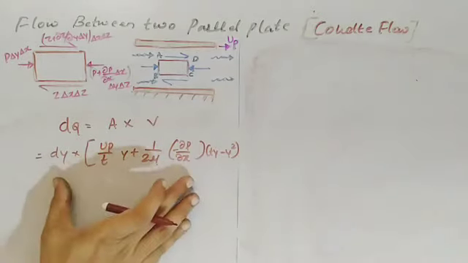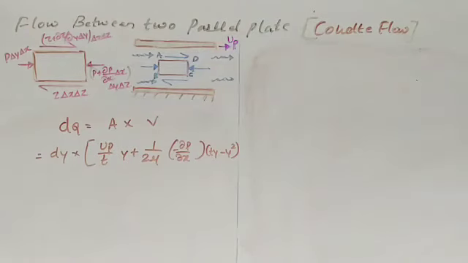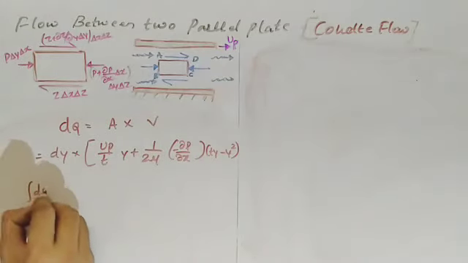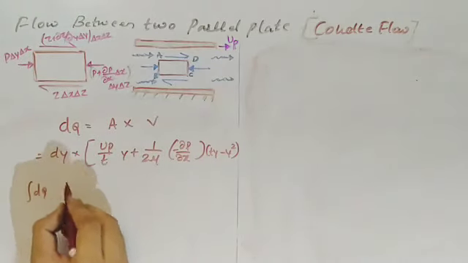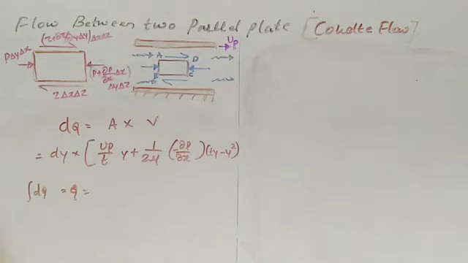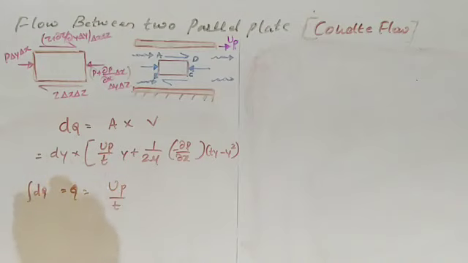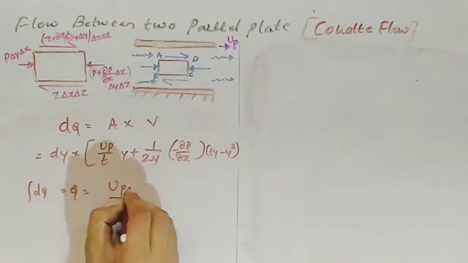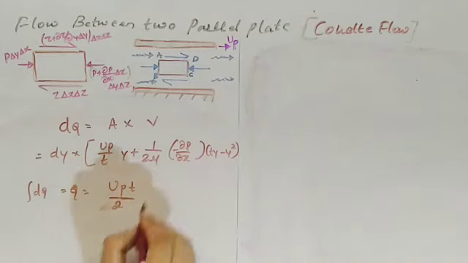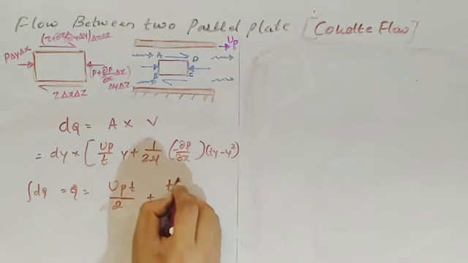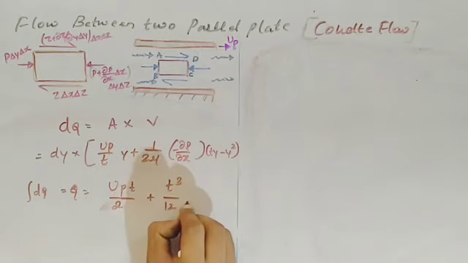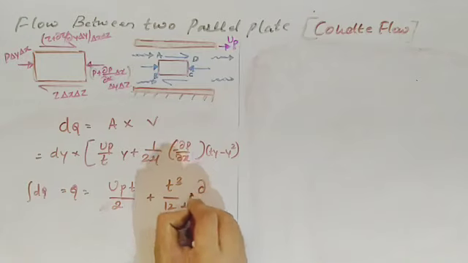If I integrate this equation, that is integration of dq, I will get u_p t divided by 2 plus t cube by 12 mu into minus dou p by dou x.